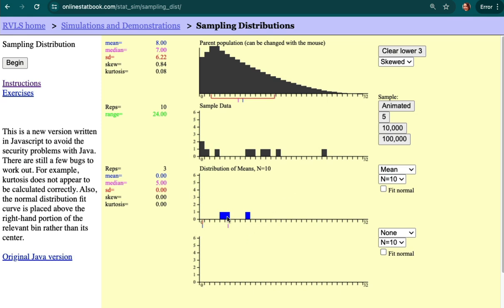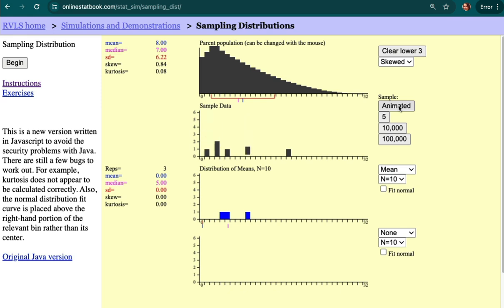But here's our 3 sample means now. So in addition to the one between 4 and 5, the one between 5 and 6, we now have one up here between 7, 8, 9, and 10. So this sample mean had a value between 9 and 10. Okay, so it was pulled to the right a little bit because of that outlier up there at the right. So let's take another sample.